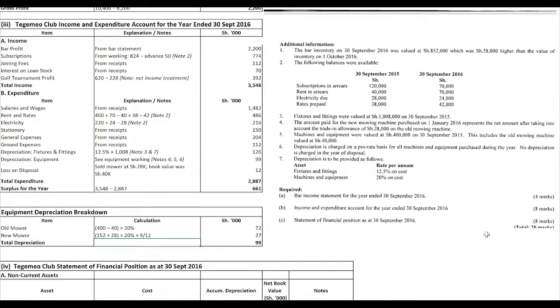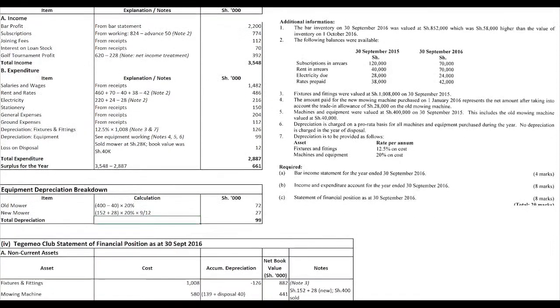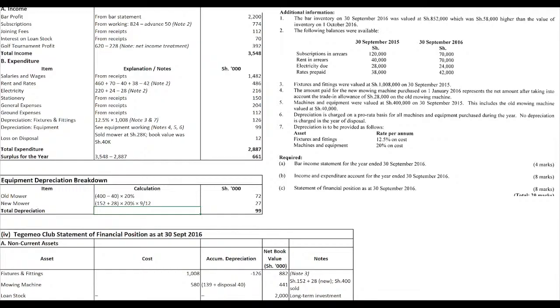Yeah, 126. Then you also have the mowing machines. So we have the 139 plus the disposal of 40. That is the accumulated depreciation.